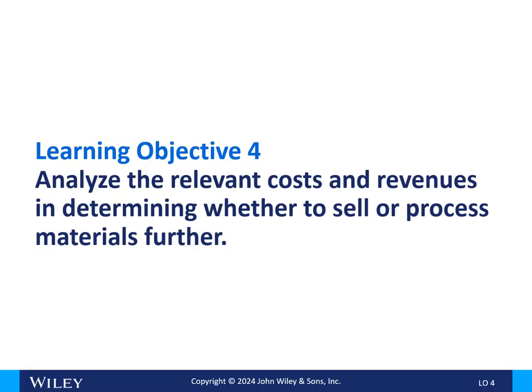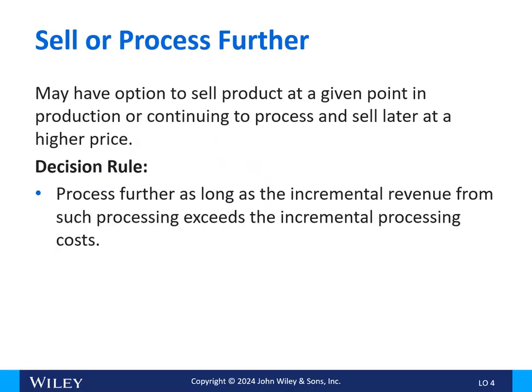Now we'll look at determining whether to sell or process materials further. Companies may have an option to sell product at a given point in production or continue to process and sell later at a higher price. So we have a decision rule here: we process further as long as the incremental revenue from such processing exceeds the incremental processing costs.